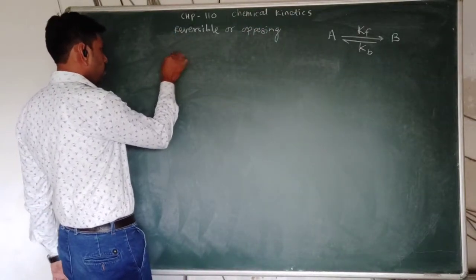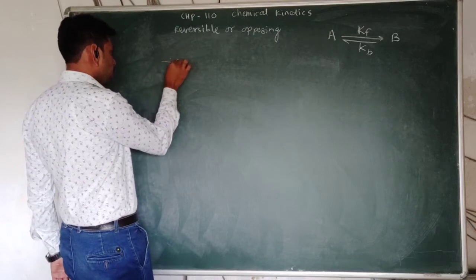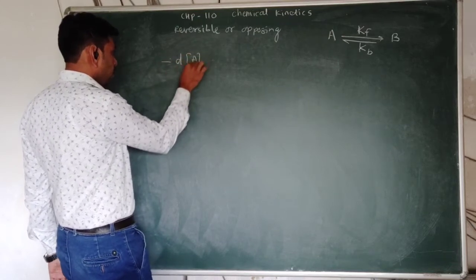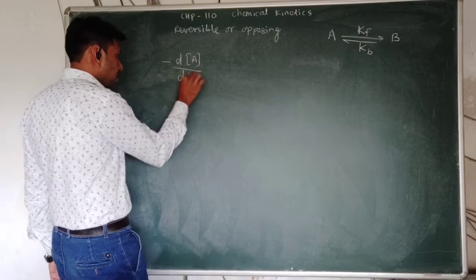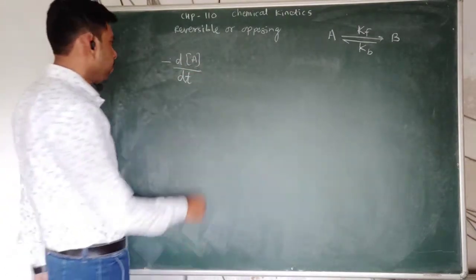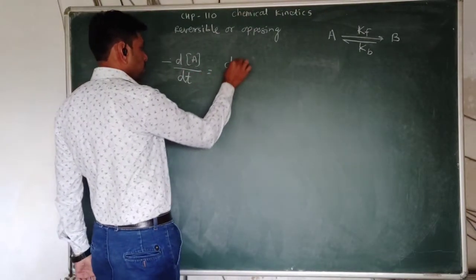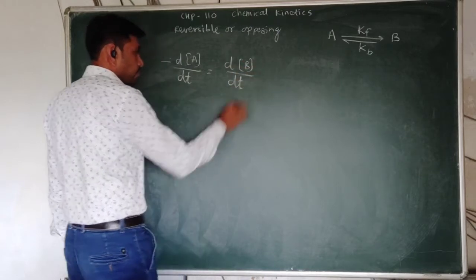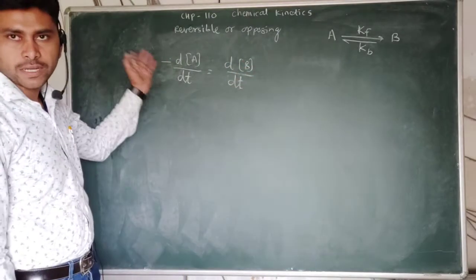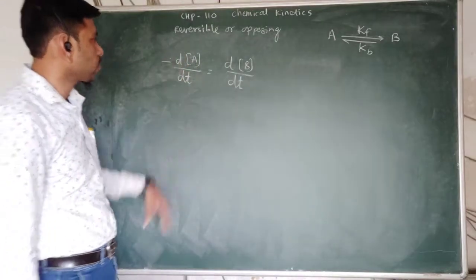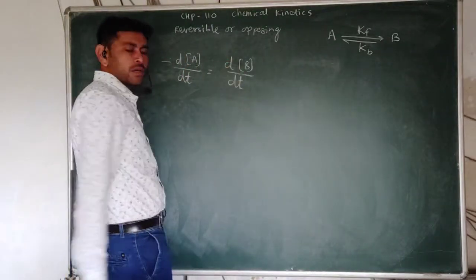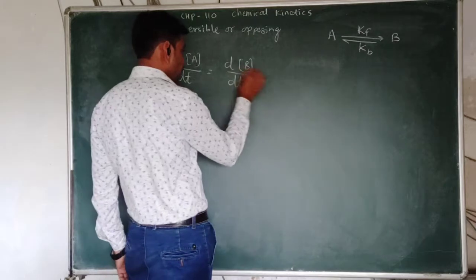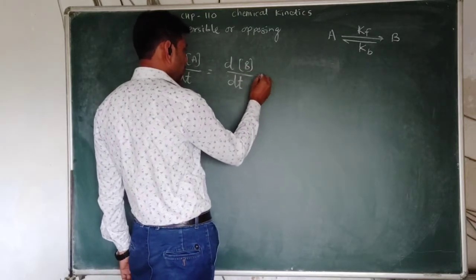Suppose minus dA by dt, the decrease in concentration of reactant, or the increase in concentration of product B with time, is the rate of reaction, as we know from the definition of rate of reaction.